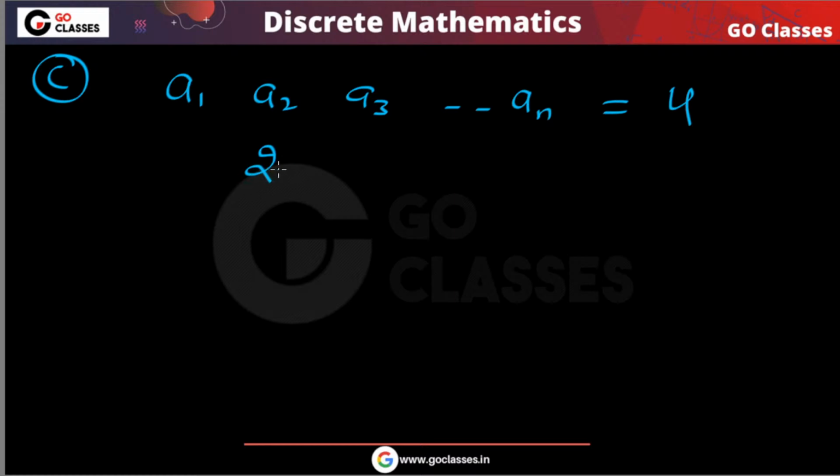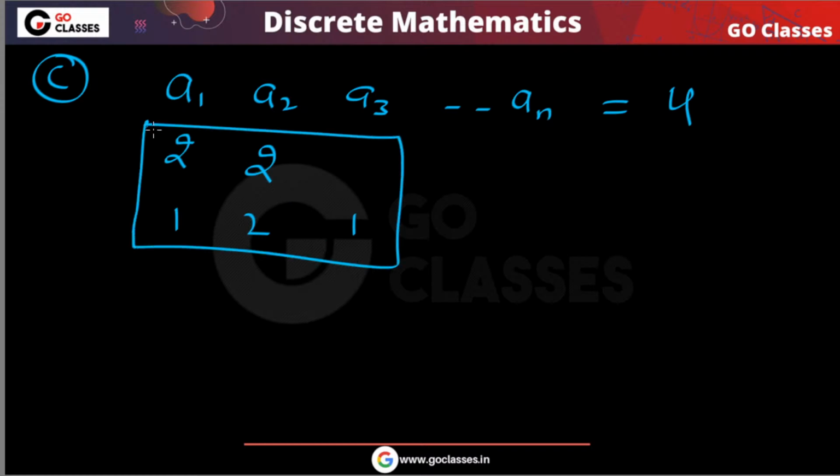So this 2 is here. Now either you can have this type of scenario, or this type of scenario. Is there any other scenario possible? Either you can do 2,2, or you can do 2,1,1. Only these two cases are possible. Yes or no? Is this clear to everyone?